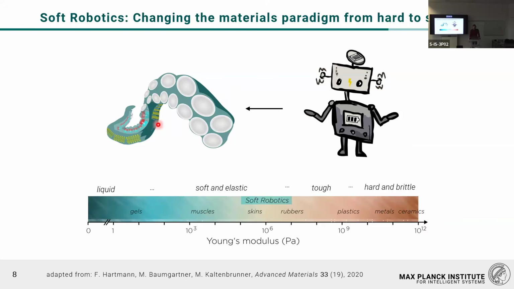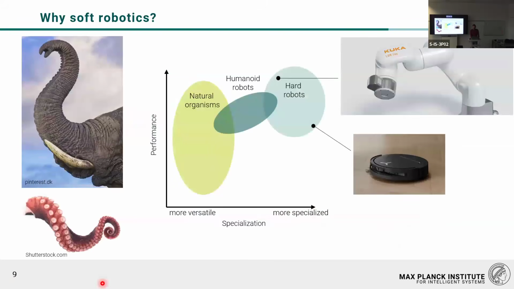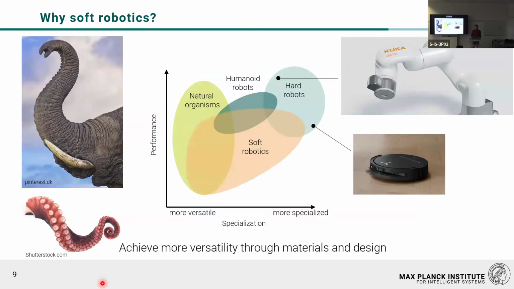But nature is actually made of gels, muscles, skin, even bones, combining a much larger variety of materials. So why not use compliant materials and designs to achieve more versatility and imitate nature?